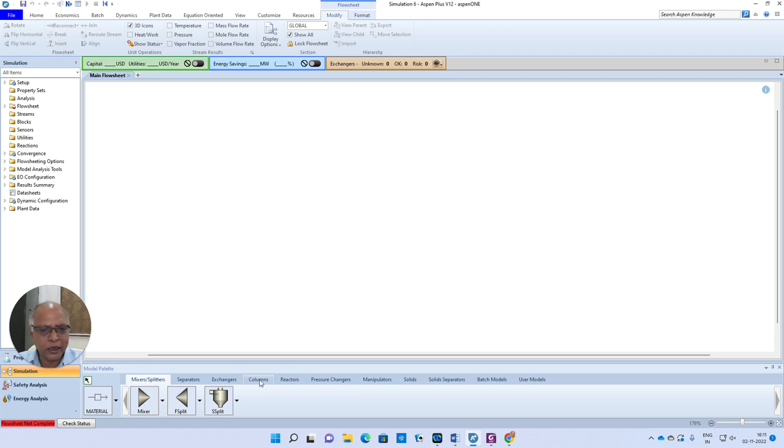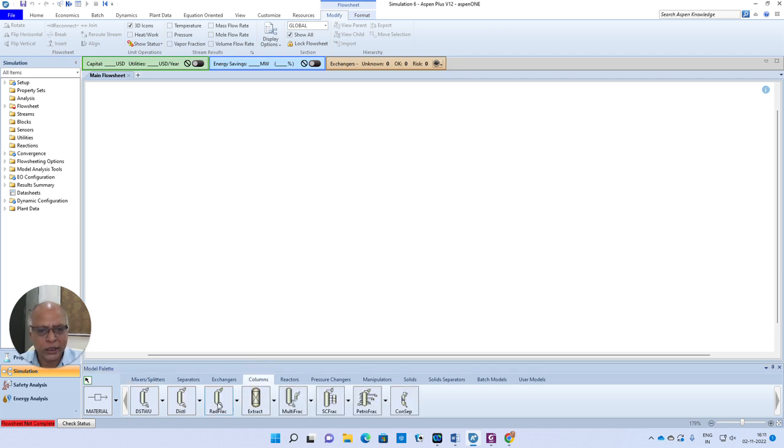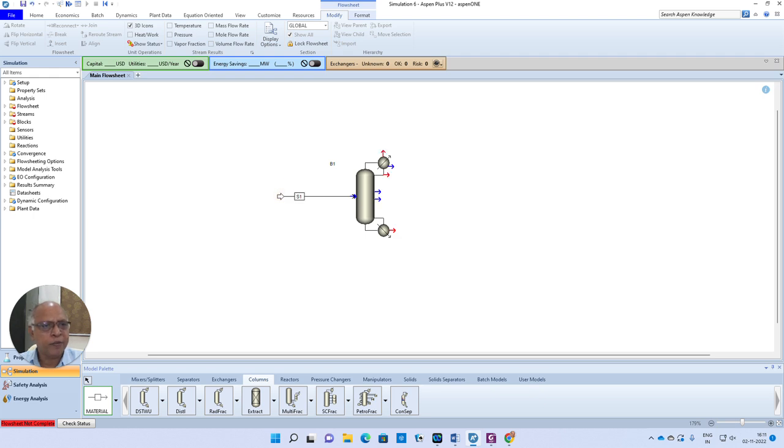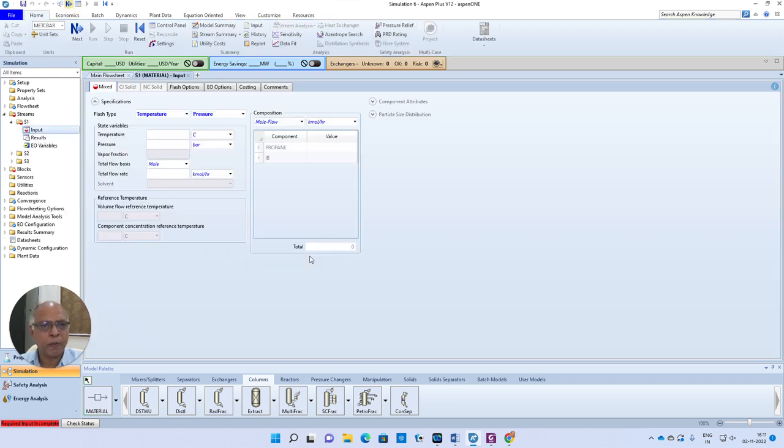If you are not experienced with the RadFrac column, what I suggest is go through some of the demonstrations with respect to columns and then try to look at this problem. So I am providing the feed stream, the top product and the bottom product. Okay. Now let us go into the problem definition.